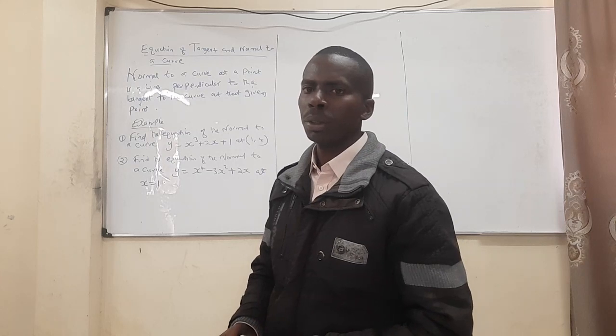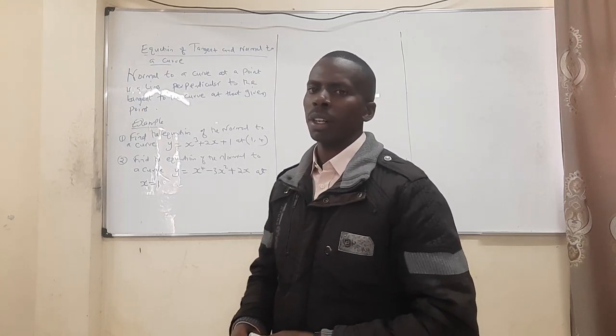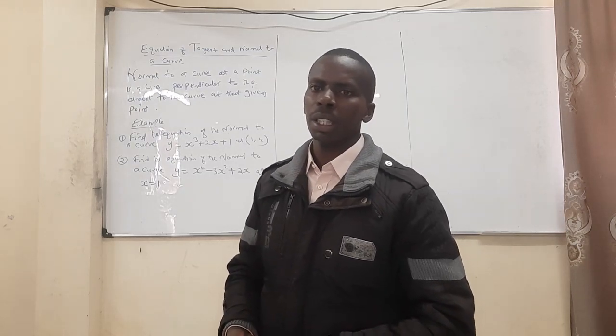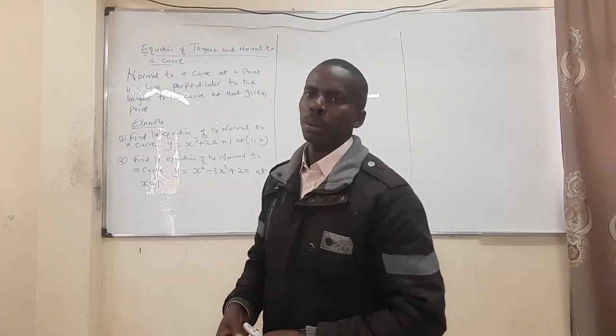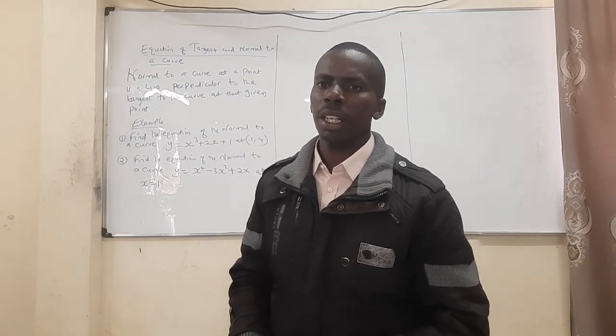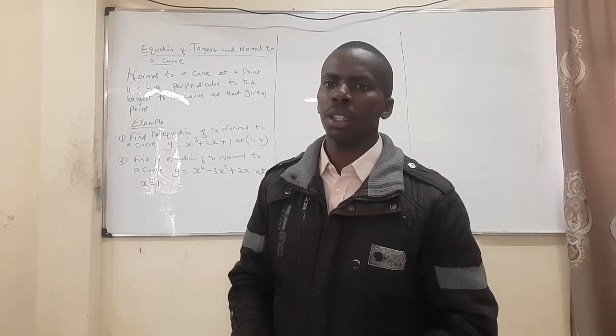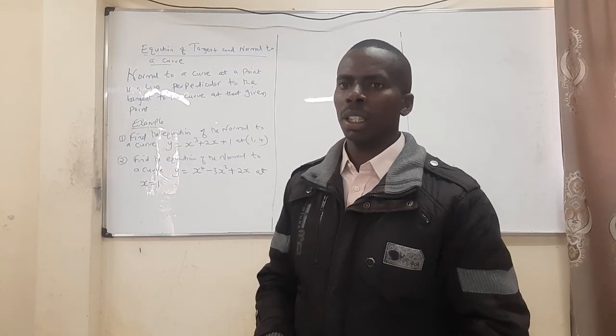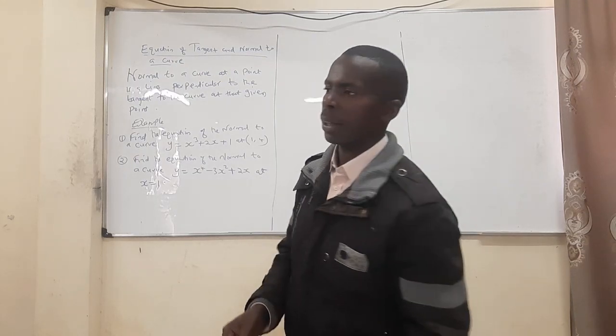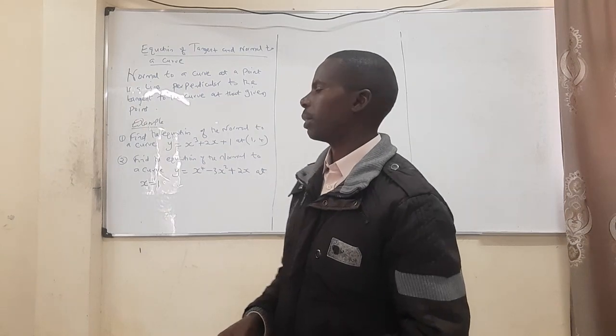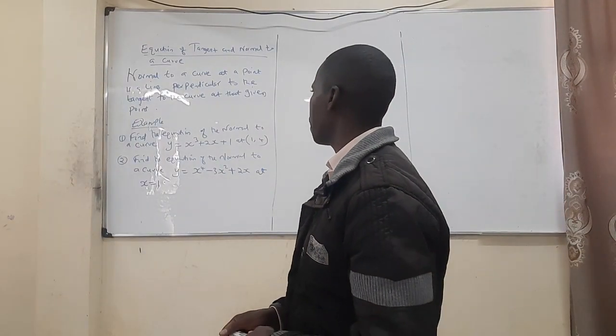And of course we know from Form 2 topic, the equation of a straight line, for perpendicular lines, if you multiply their gradients, the product gives you minus 1.